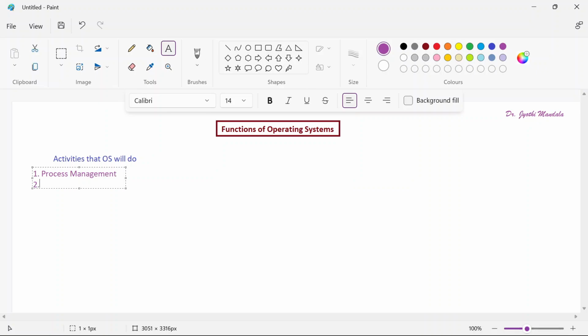The second one is main memory management. The next one is secondary memory management. The fourth one is file management.